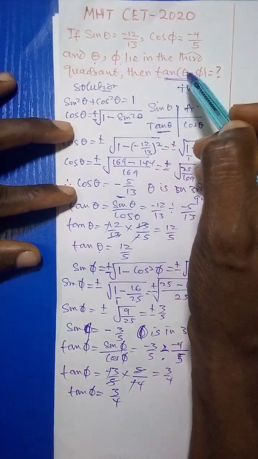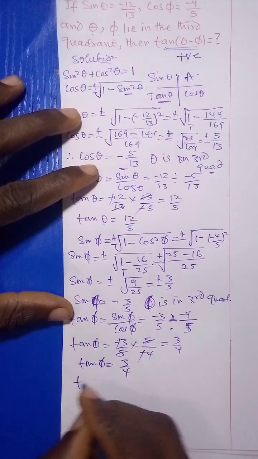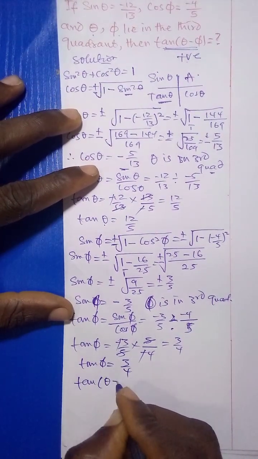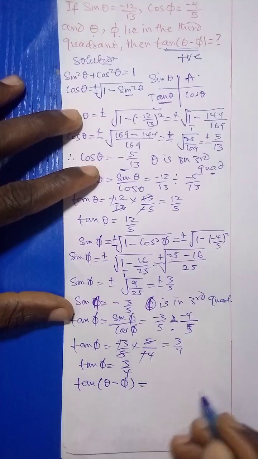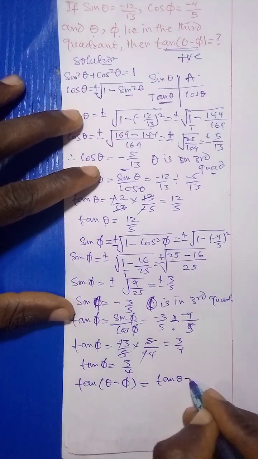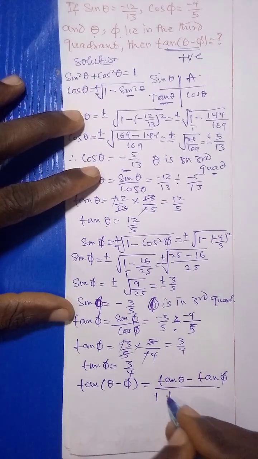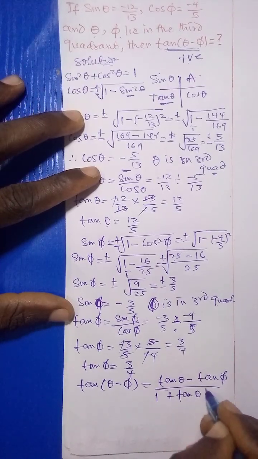Now, we are required to evaluate tan(theta minus phi), and we can write this as tan theta minus tan phi all over 1 plus tan theta tan phi.